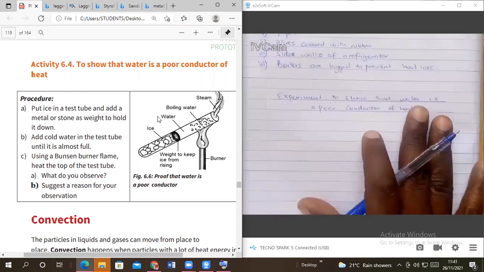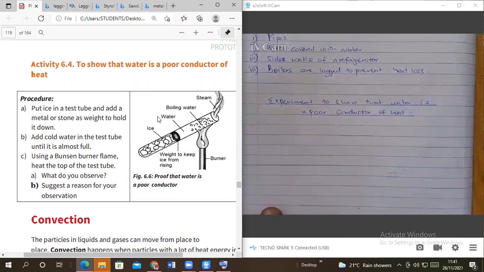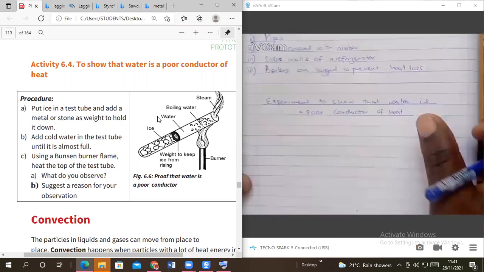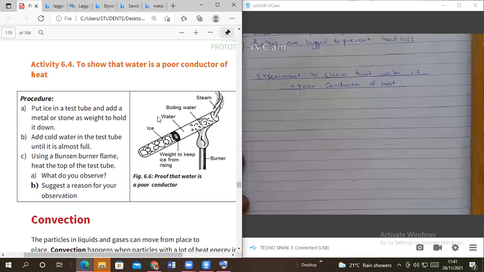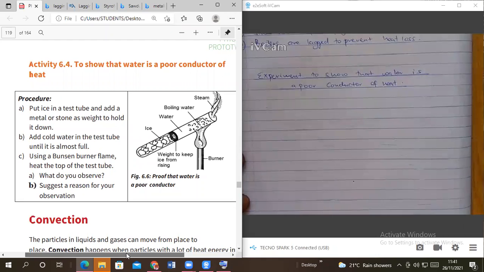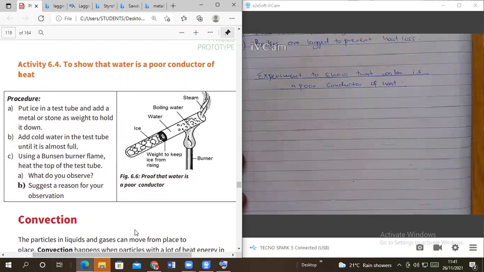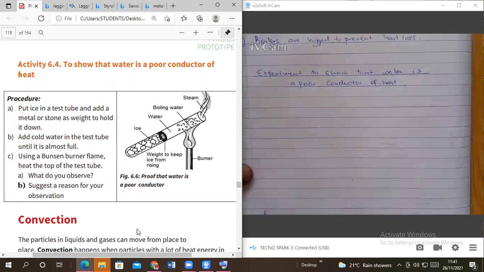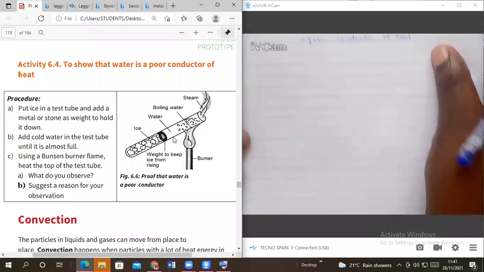So the first thing that we are going to do, we have 5 minutes remaining. So I want you to take a snapshot of this. If you have the book, well and good, but you use this and you draw for me that diagram. Have you seen the diagram? Yes.